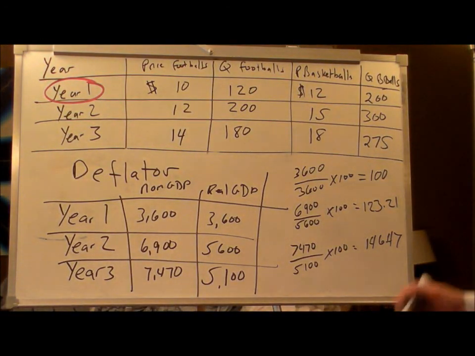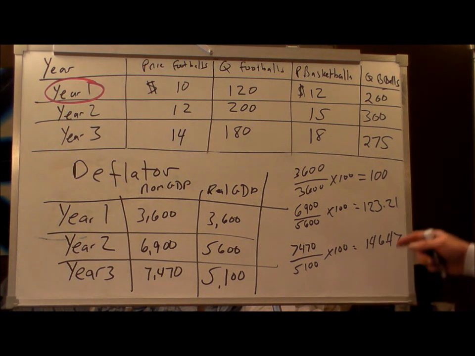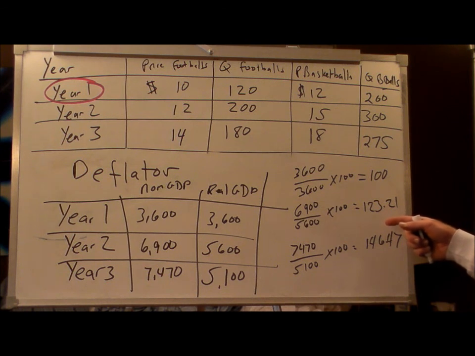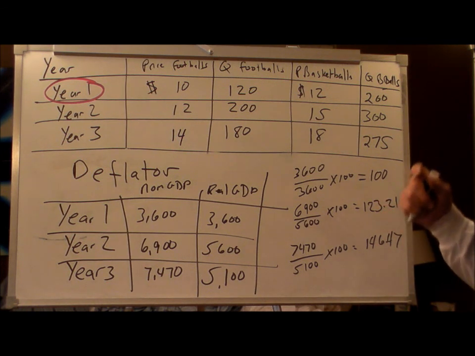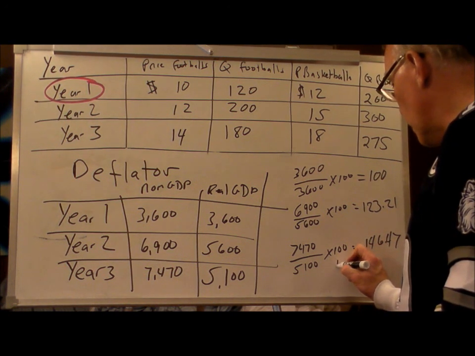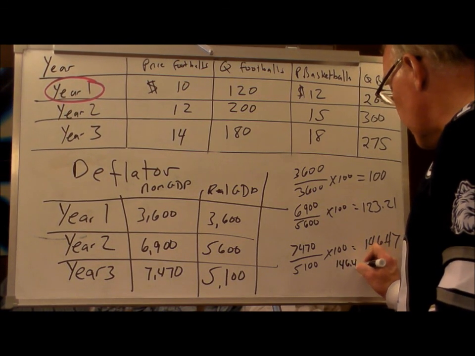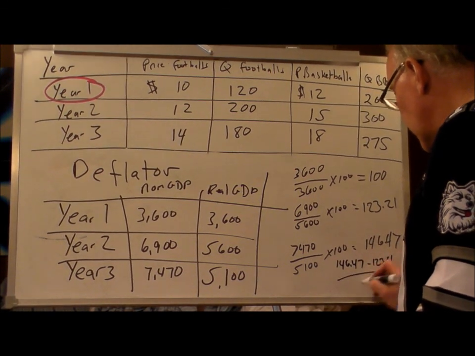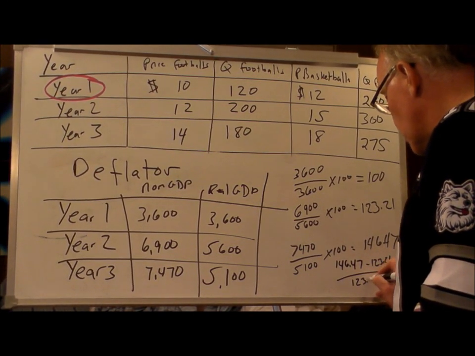But what is valuable is comparing one year to the next. So you can sort of eyeball this and just see that prices increased by 23.21% between year one and year two, and then we can also think about what was the inflation rate between year two and year three, and that would be 146.47 minus 123.21, divided by 123.21.